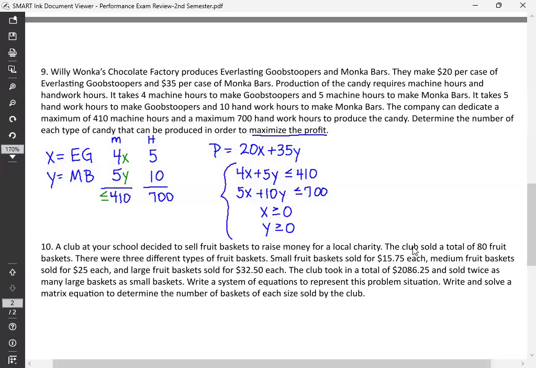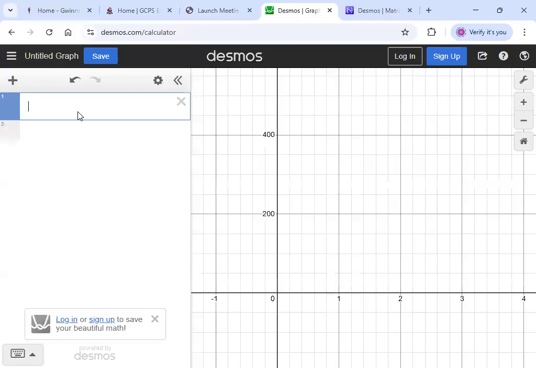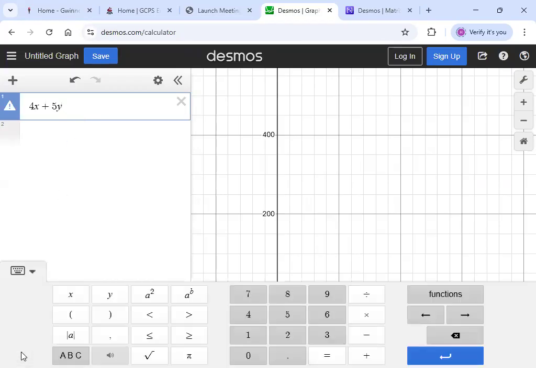And I'm now going to go to Desmos and graph so that I can find my vertices that I would then plug into my objective function. So in Desmos graphing, we're going to type in the 4 constraints that we just wrote, 4x plus 5y less than or equal to 410.